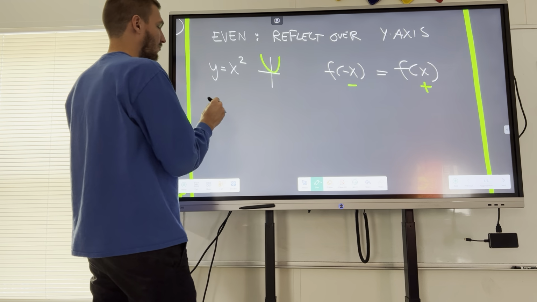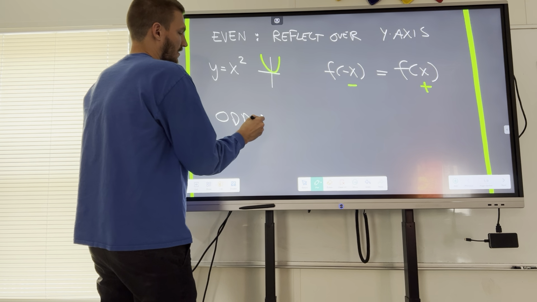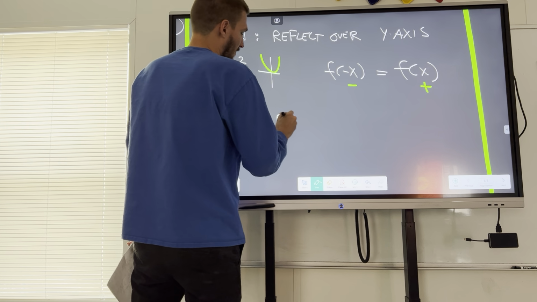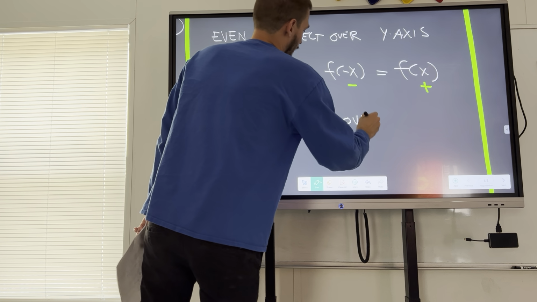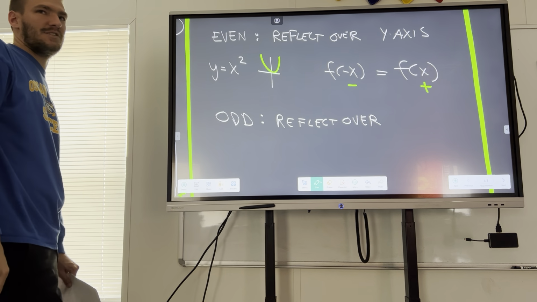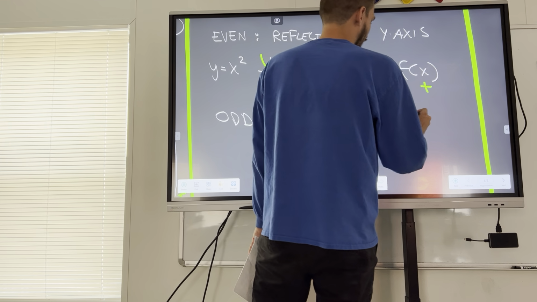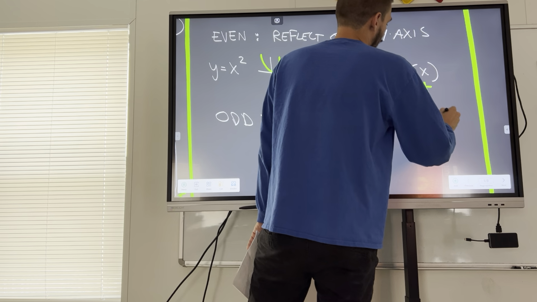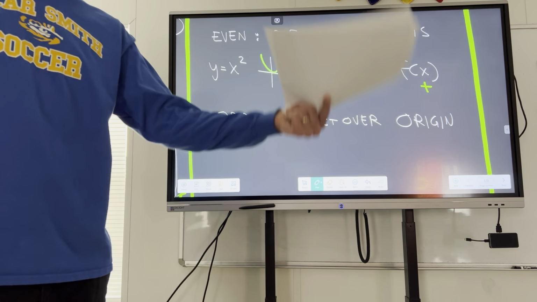Again, relatively straightforward. There's also odd functions. Odd functions reflect over... does anybody remember for the odd functions for bonus points? Origin. Right, not really bonus points. Sorry, you got me. Origin, which is a little bit funky because reflecting over the origin is not a line.